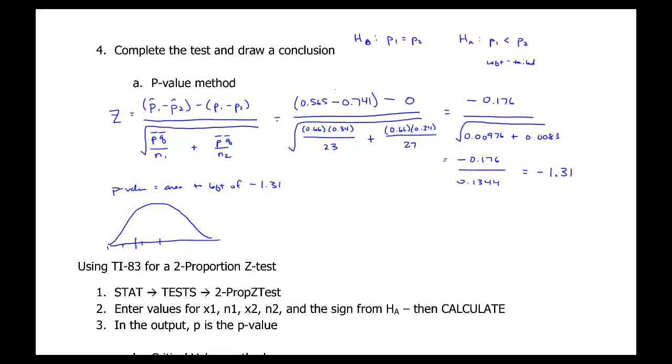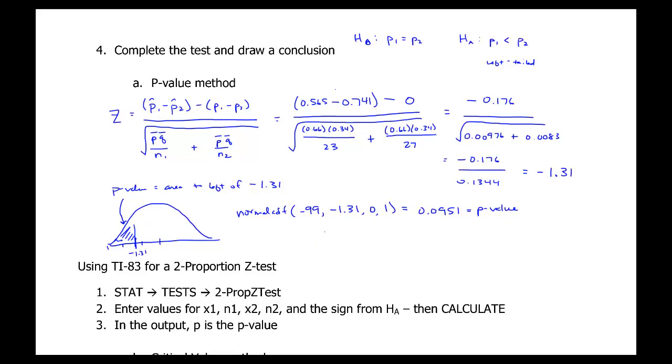So negative 1.31 would be about right here. We're looking for this area as our p-value. So with our normal CDF function, we can go from negative 99 to negative 1.31. The z distribution has a mean of 0 and a standard deviation of 1. And when you plug that in, you get 0.0951, which is our p-value.